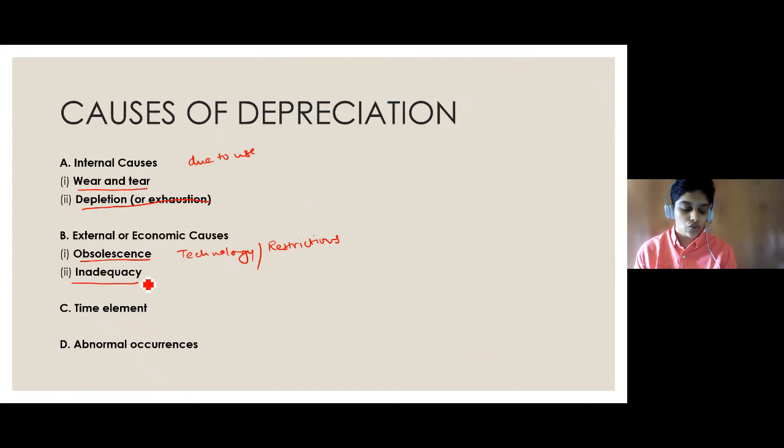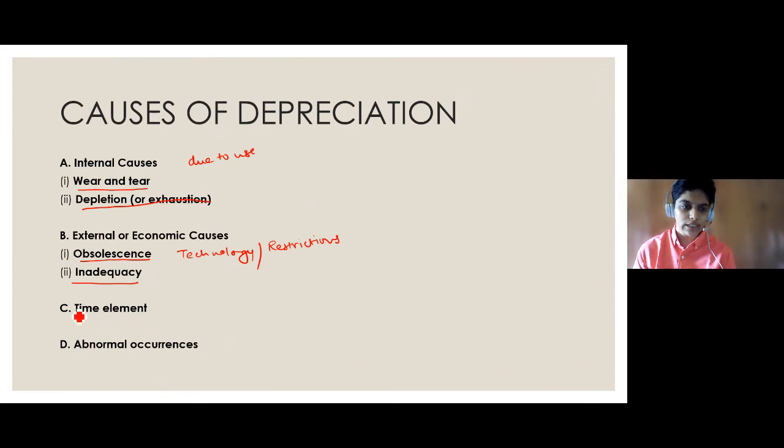Inadequacy means that your product's demand has grown so high that your existing asset is not able to satisfy that demand. And in such a scenario, your existing machinery is not enough, and hence it needs to be changed. You have to get better machinery that can manufacture more products.